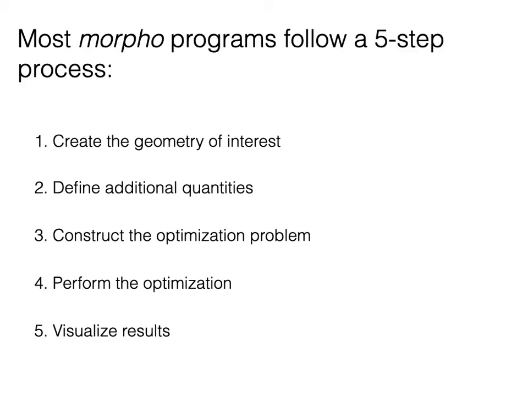Most programs written in Morpho for shape optimization follow the following process. We're going to create the geometry of interest, define additional quantities necessary to specify the problem, build the optimization problem itself, perform the optimization, and visualize results.